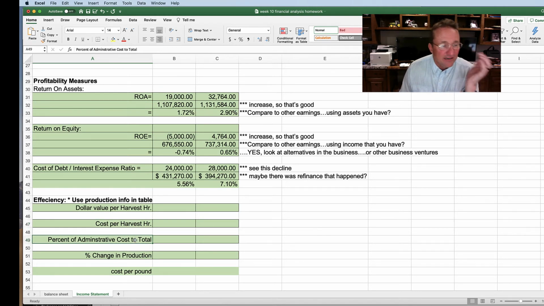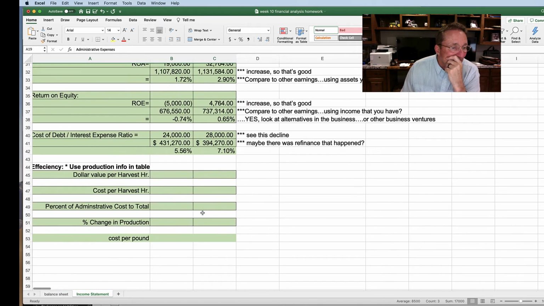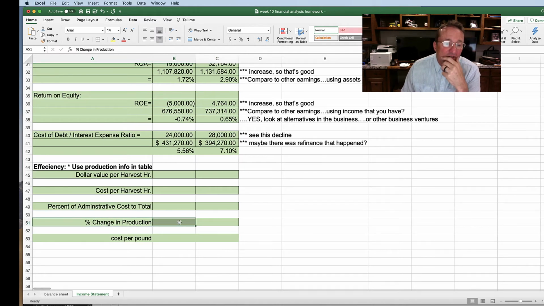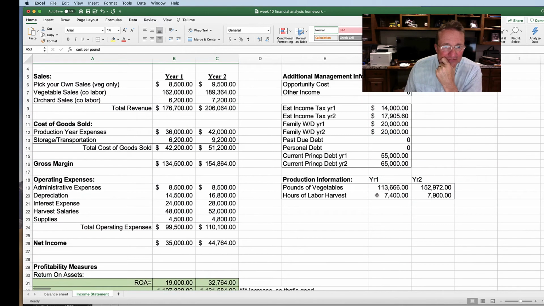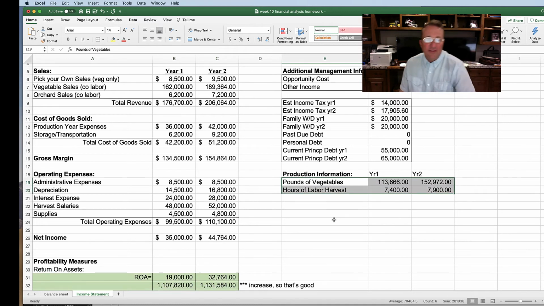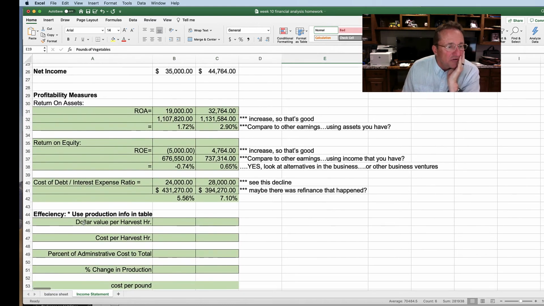I've got percent of my overall administration here. Is that killing me? How about the change in production? What is production changing? What about cost per pound produced? I'm trying to sell this stuff. I need to know what my costs are. So we've got some variables over here we're going to use for that, and we have to get creative, and I've given you these answers here so you can see what you'll do with that.